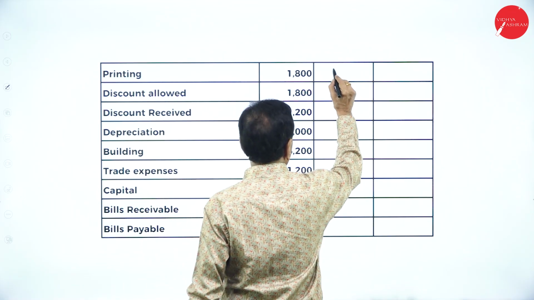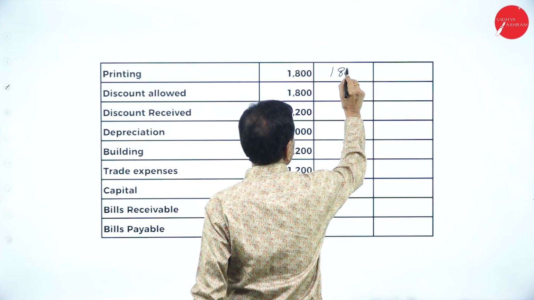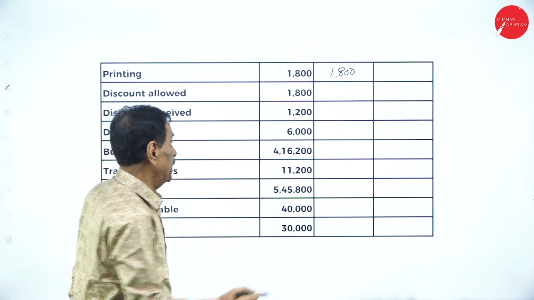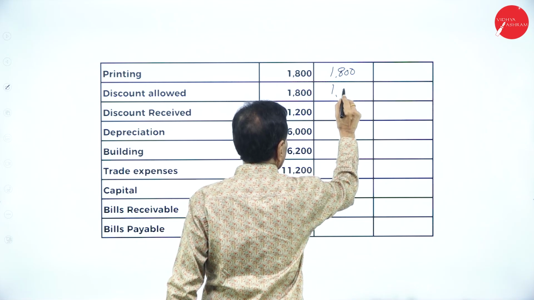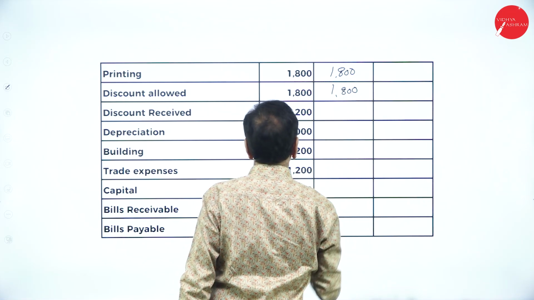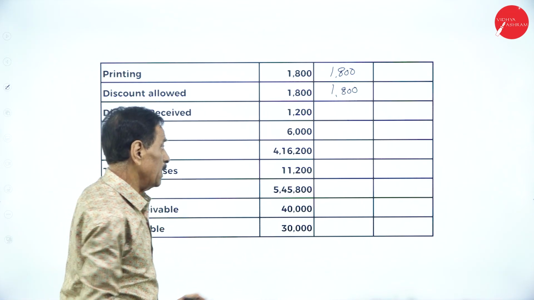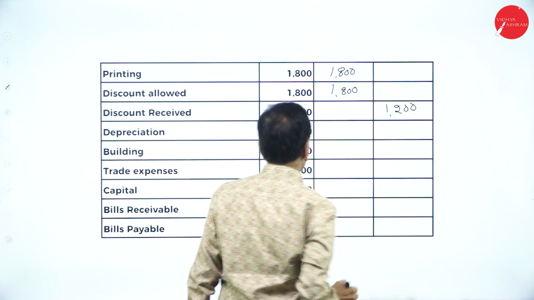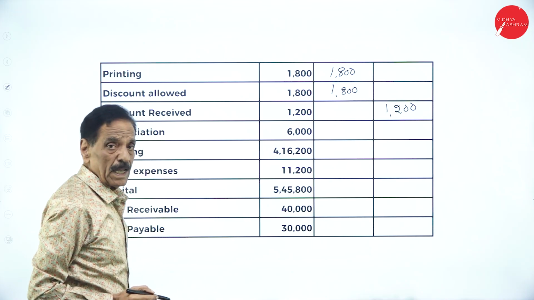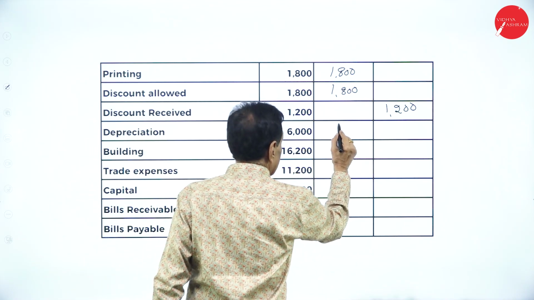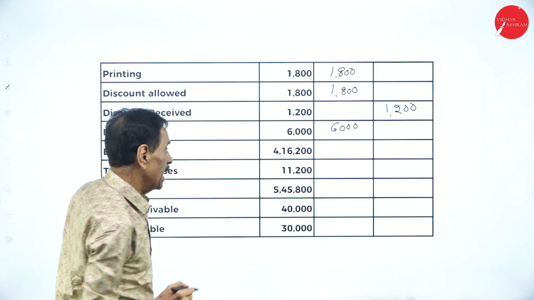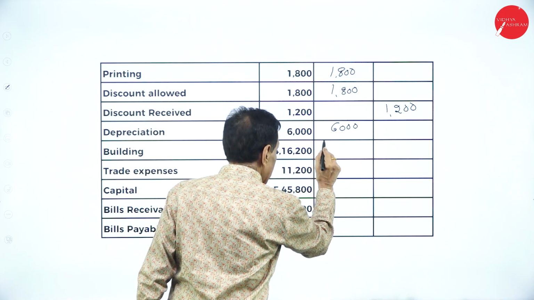Printing, expenditure, debit side. Discount allowed, expenditure, debit side. Discount received, income, credit side. Depreciation, expenditure, debit side. Building, asset, debit side.